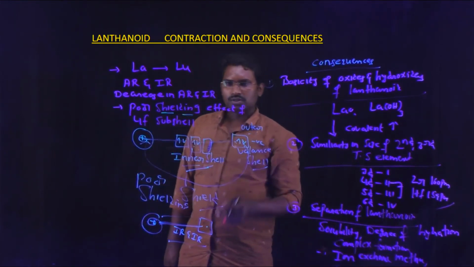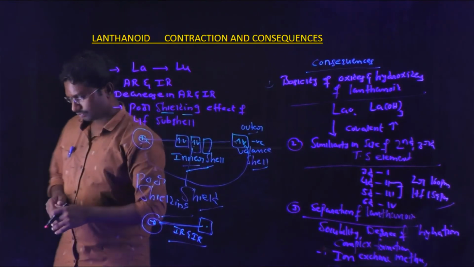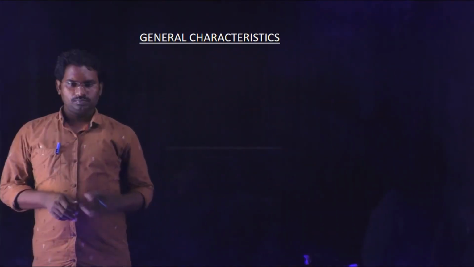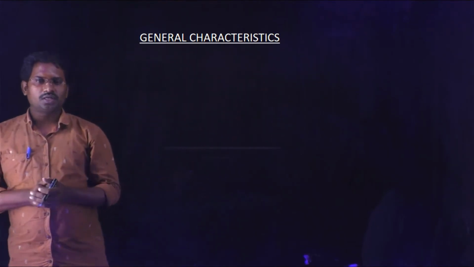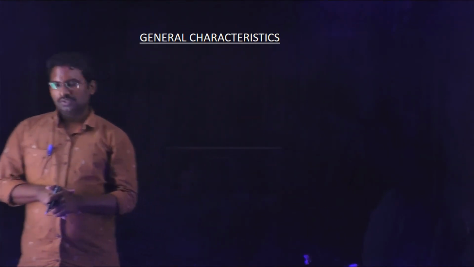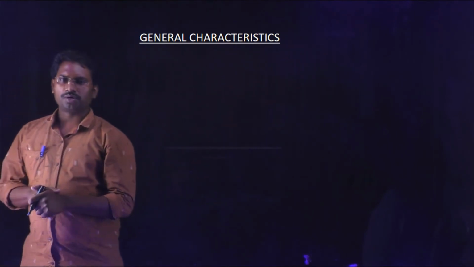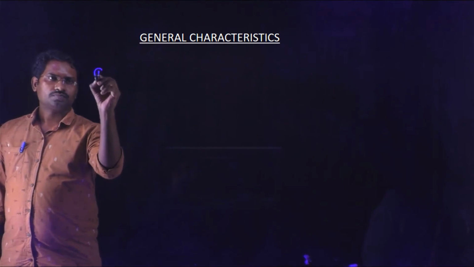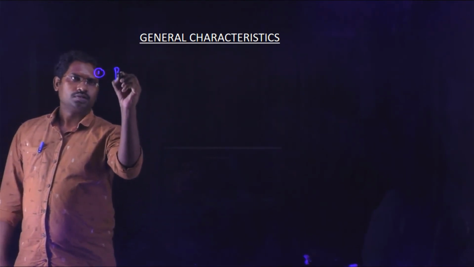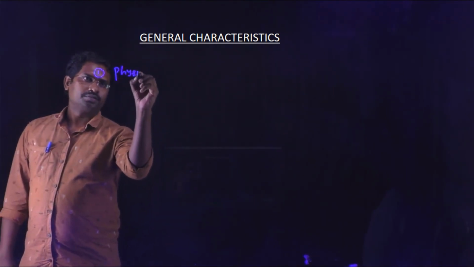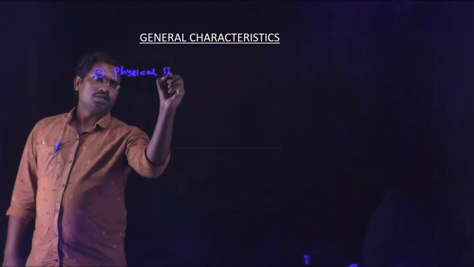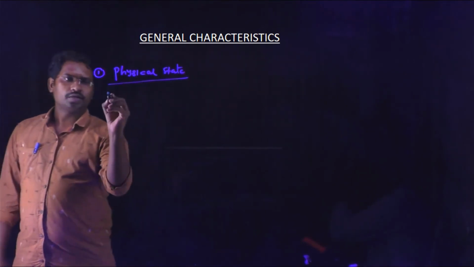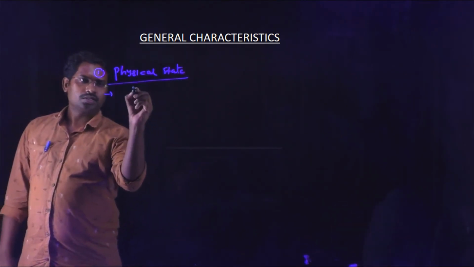So this is about the concept of lanthanide contraction and its consequences. Next, general characteristics of lanthanides. Here are some important general characteristics of lanthanides. The first one is physical state. Generally lanthanides are silvery soft metals.